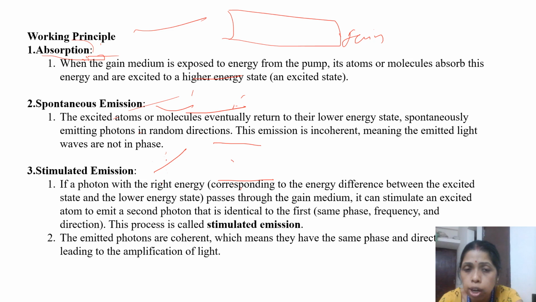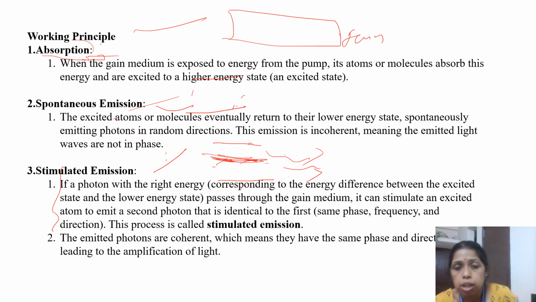The system will produce a photon, and this photon will move and oscillate back and forth, and this photon will again help to produce one more photon, and both photons will come out from the device. This process is the stimulated emission. This is explained here only. Both photons have the same wavelength, and both have the same phase. So this is the stimulated emission.